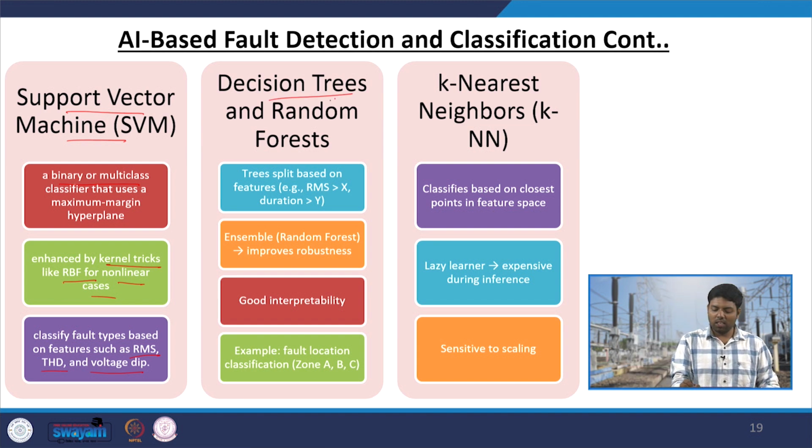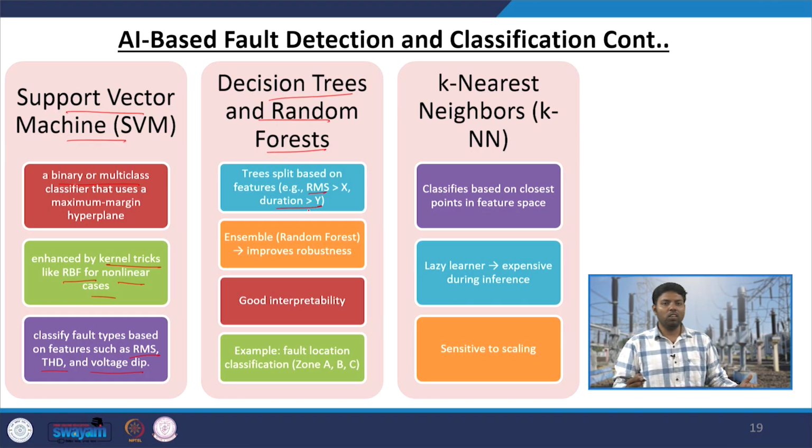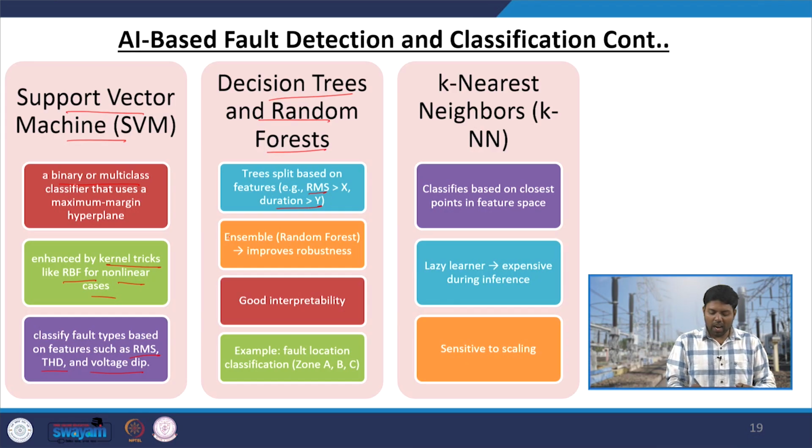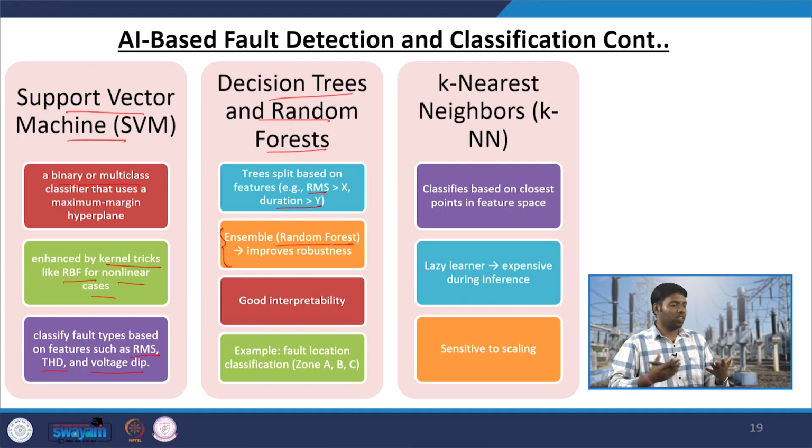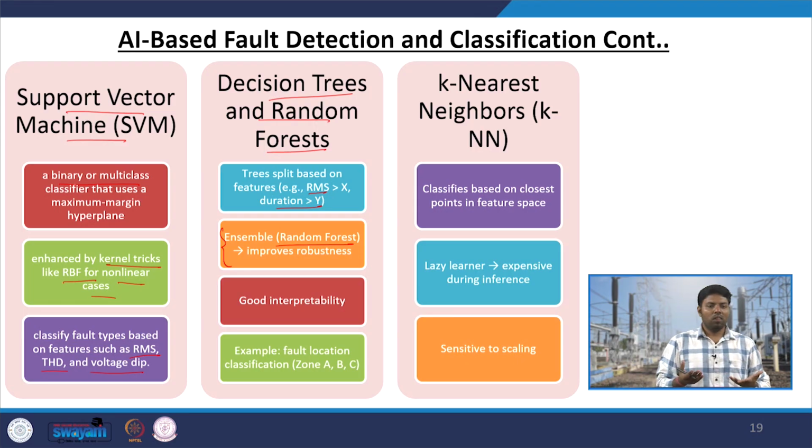Then similarly decision trees and random forest can be used with the help of the RMS and the duration of the fault. If you ensemble multiple decision trees together, then you will get a random forest, and that will enhance your accuracy or system performance.